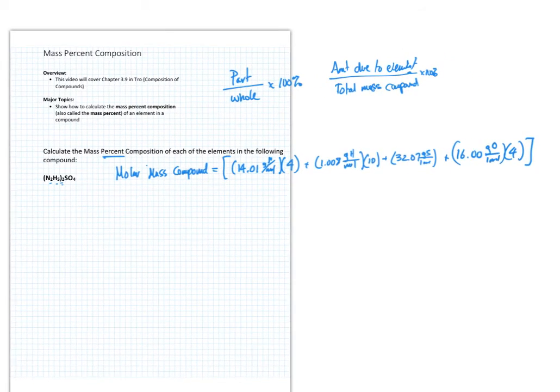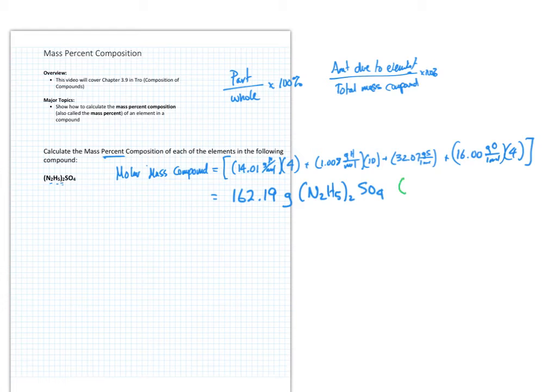So if we add all those up together, we end up with a total molar mass of 162.19 grams per mole of (NH4)2SO4. That is the total mass that we talked about up top. That's this value right here.